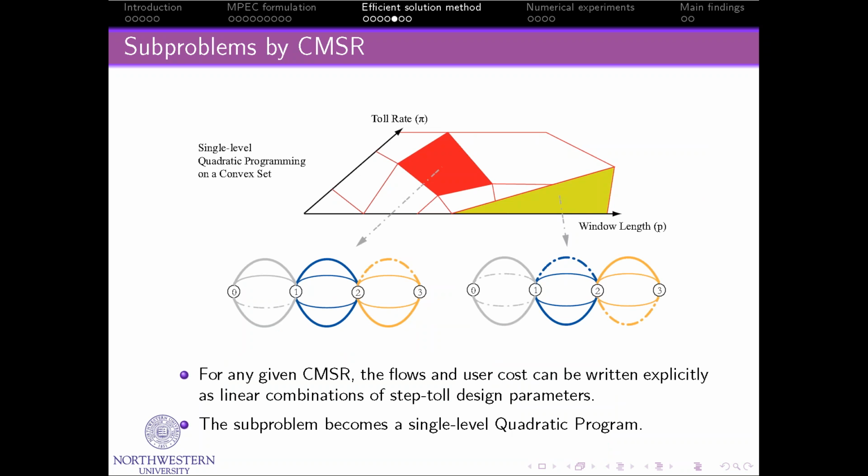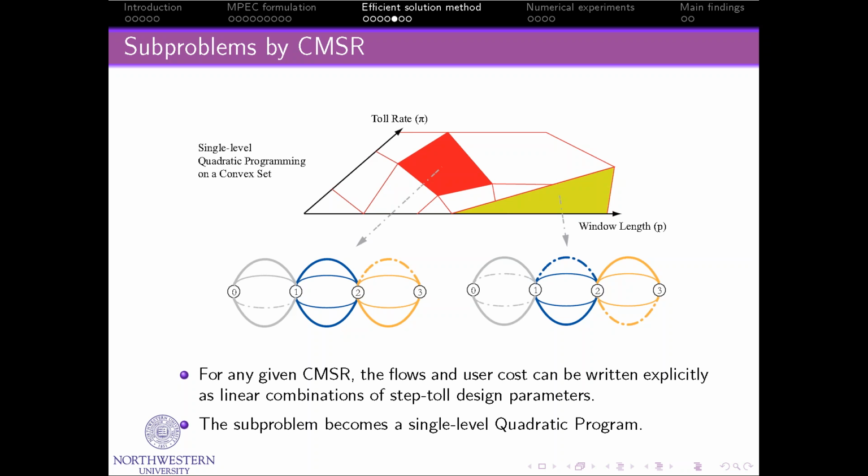And hence, the subproblem becomes a single-level quadratic program because the upper-level objective function is quadratic, and the flows and the costs are just linear combinations of the toll parameters.